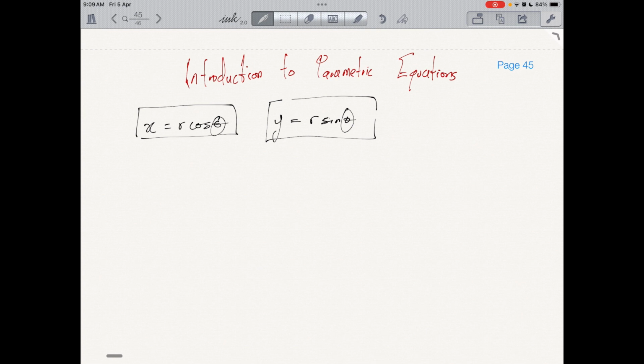Now, if you look at this, this is the parametric equations for a circle.